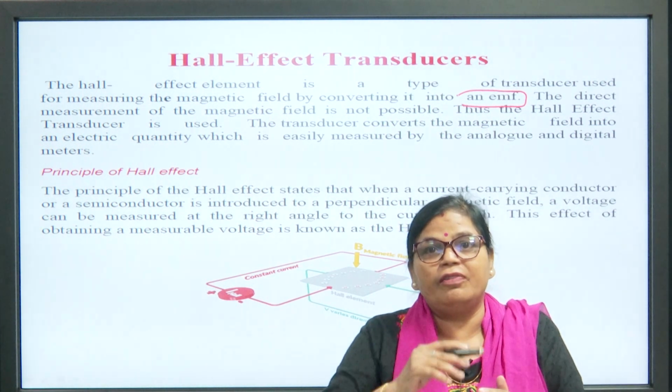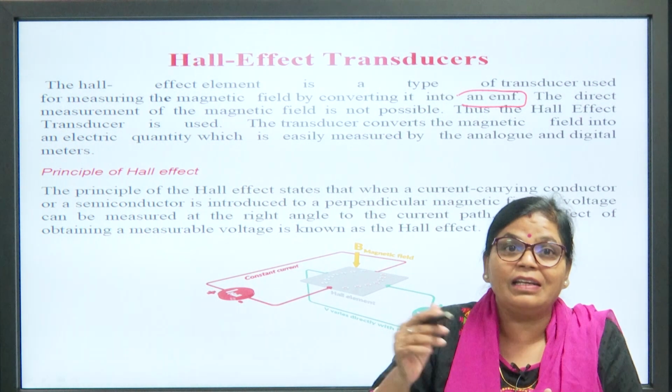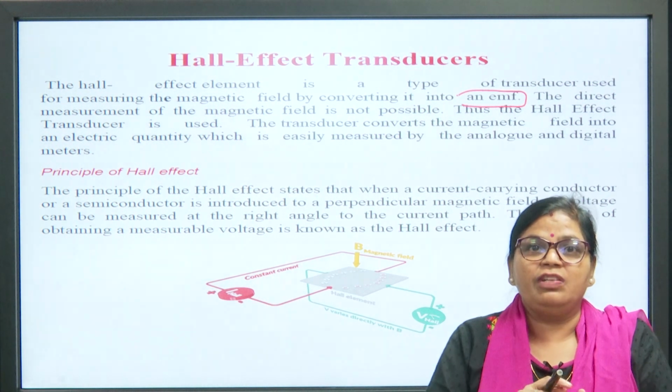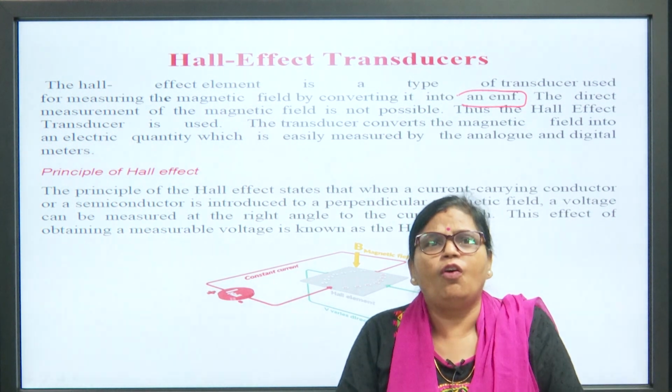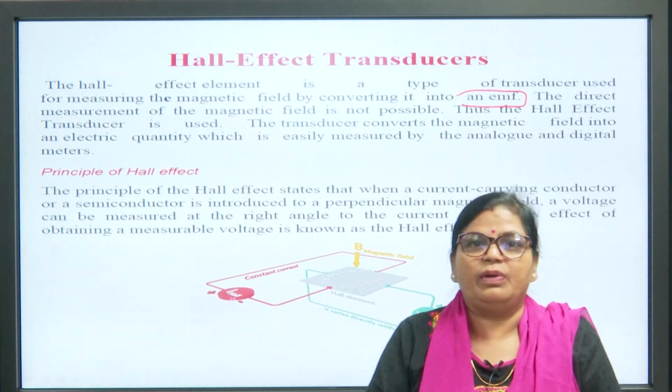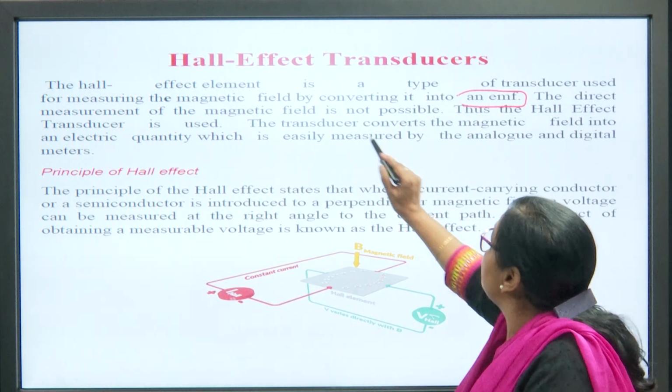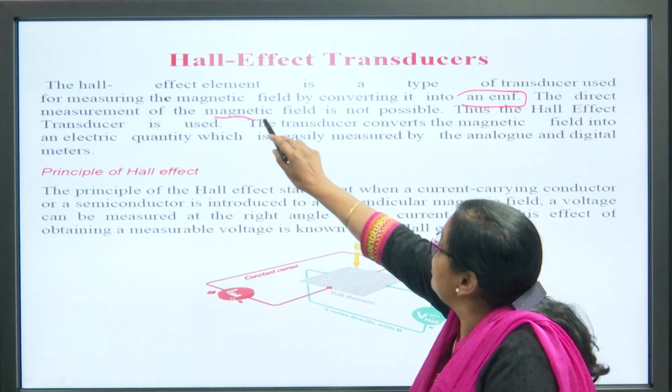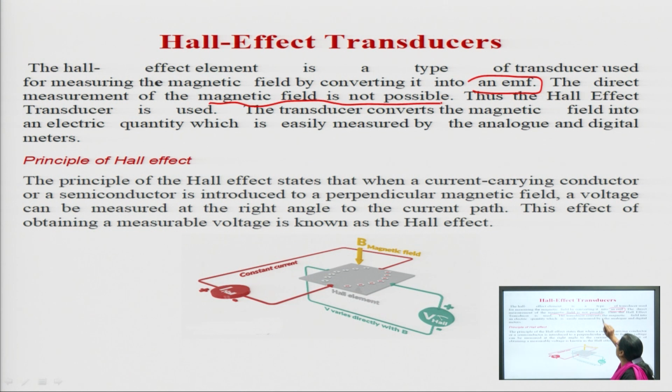The transducer converts the magnetic field into an electric quantity, which is easily measured by analog or digital meters, or in another parameter as per requirement. The magnetic field is never measured directly; we convert it into an electric quantity and then measure it in an analog or digital meter.